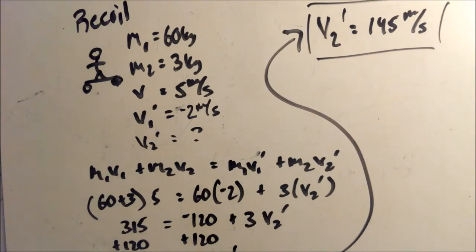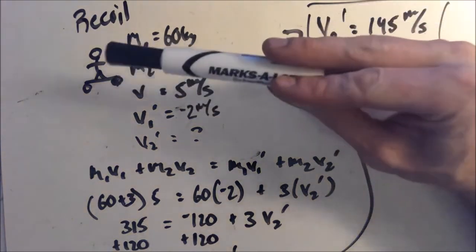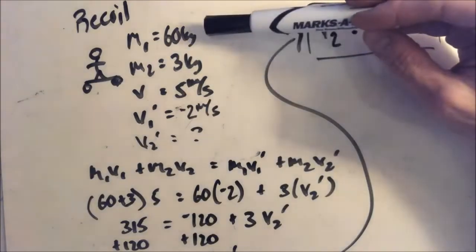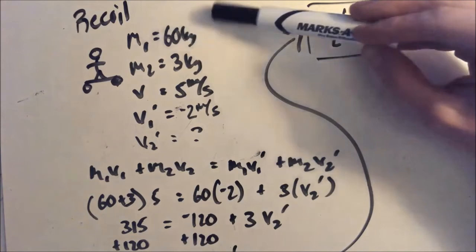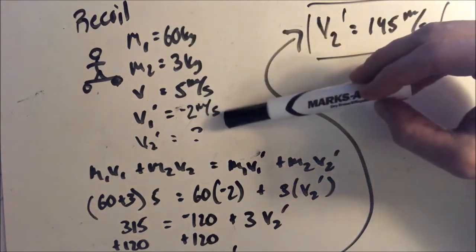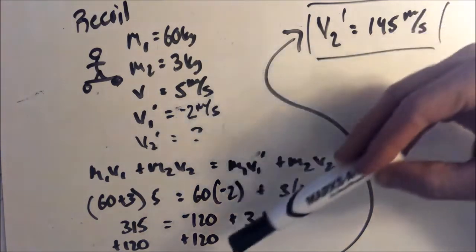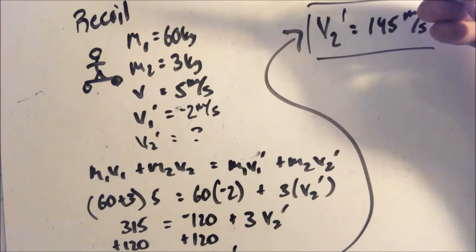That's pretty quick. And for the boy to be moving forward at 5, he has 300 kilogram meters per second of forward momentum. He suddenly jumps backwards off the thing at negative 2 meters per second, giving him negative 120 kilogram meters per second of momentum.